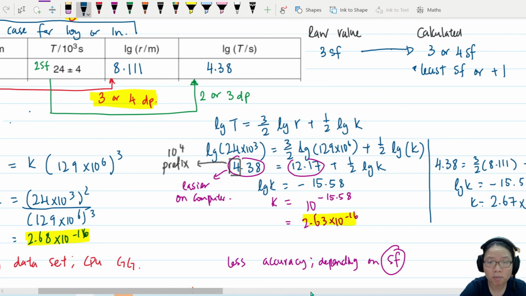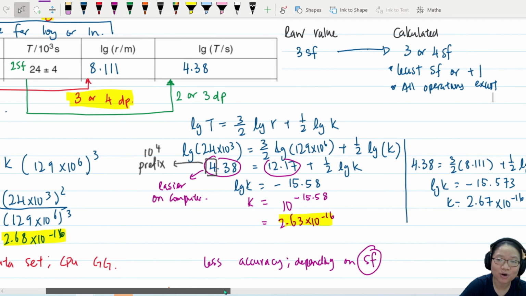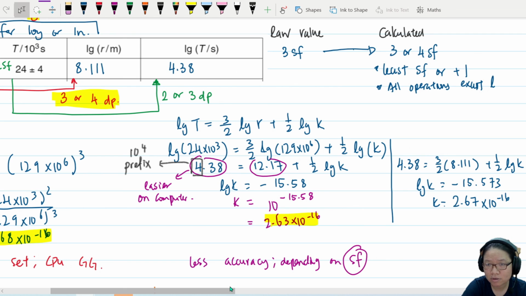This is for all operations. Except what? Except log or ln.